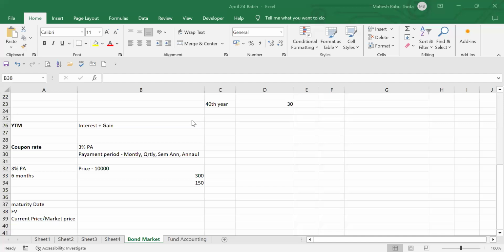It will be a fixed amount and does not change throughout the lifetime of the bond. Suppose the bond is issued for 10 years or 20 years. Throughout this period, the face value won't change. It is the same value.